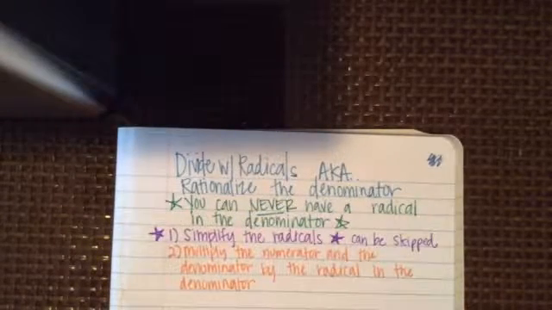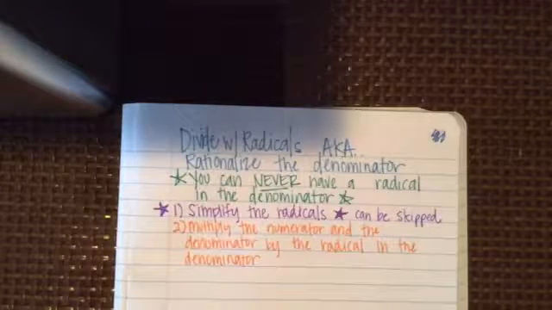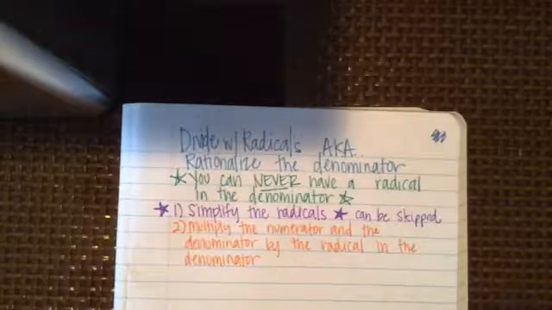You're going to multiply the numerator, top, and the denominator, bottom, by the radical that's in the denominator.